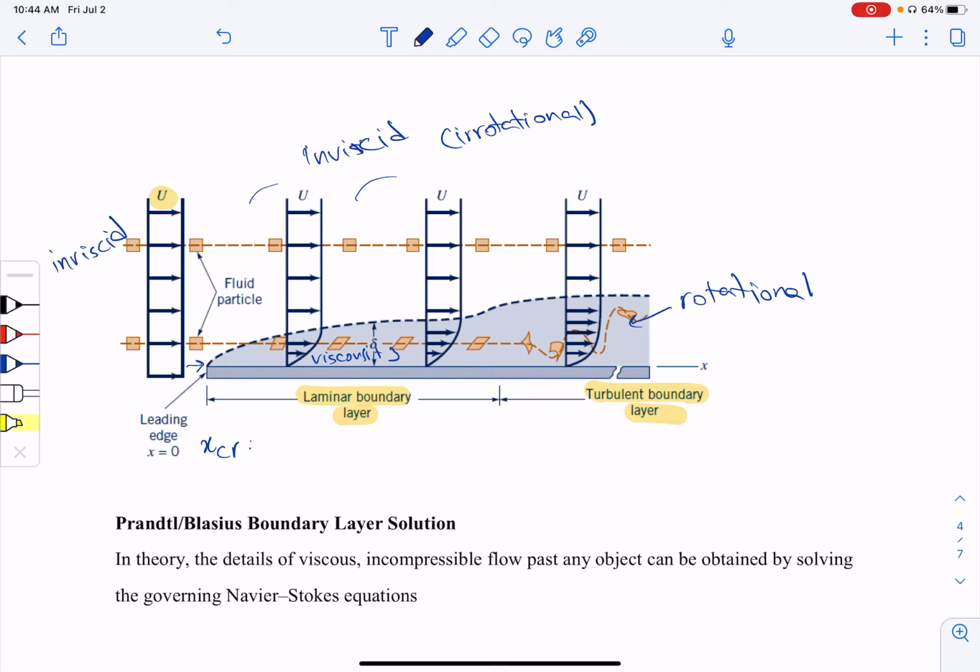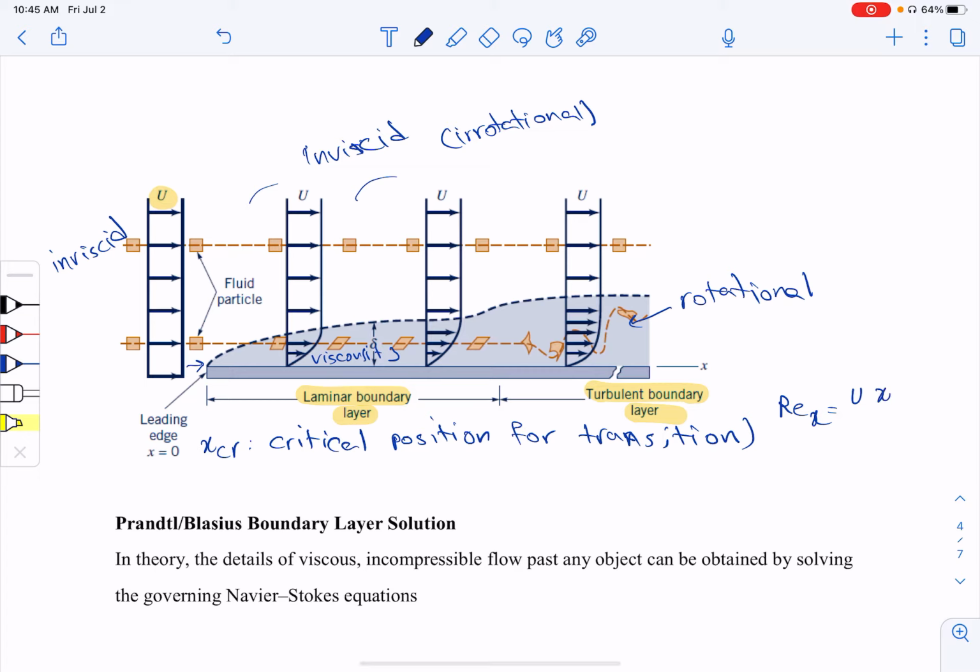So X_cr is the critical position for transition. So if we say that the Reynolds number of X is U, which is the velocity of upstream, times X over nu, and X is the position along the surface.